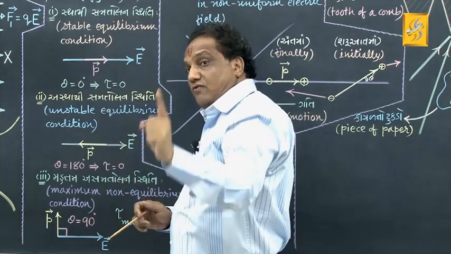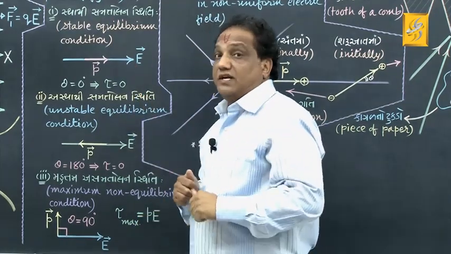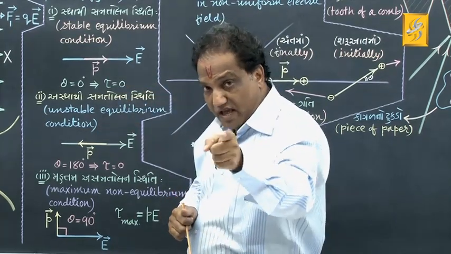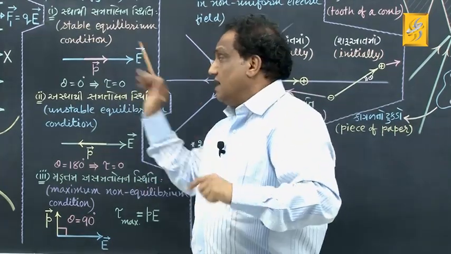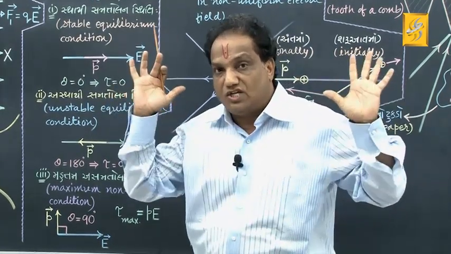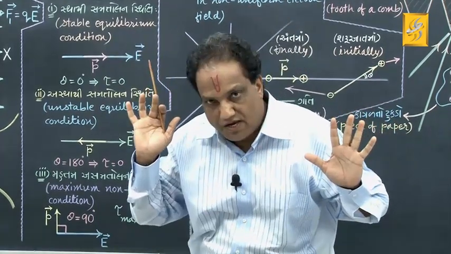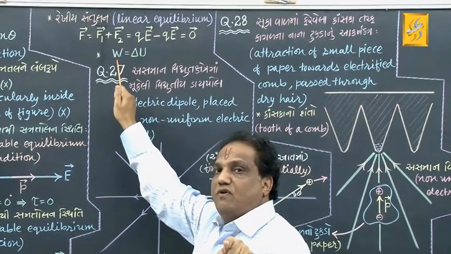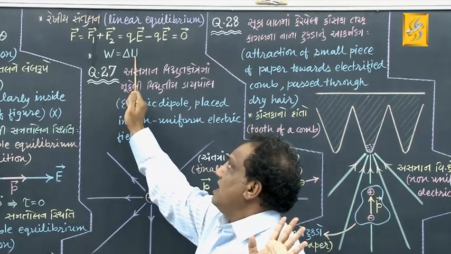So you have to do work against the restoring torque developed by the electric field. The energy you spend gets stored in the dipole in the form of electrostatic potential energy of the dipole in the electric field, about which we will study in the next chapter. The work done by you gets stored as an increase in electrostatic potential energy, shown by the symbol delta U.